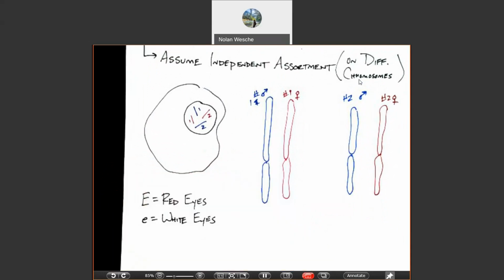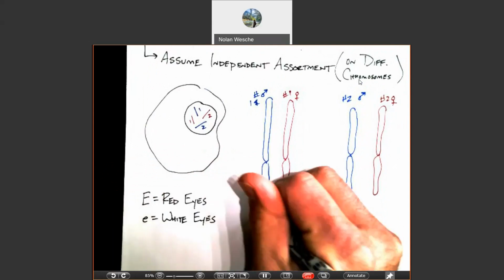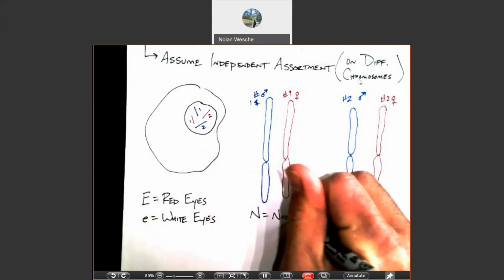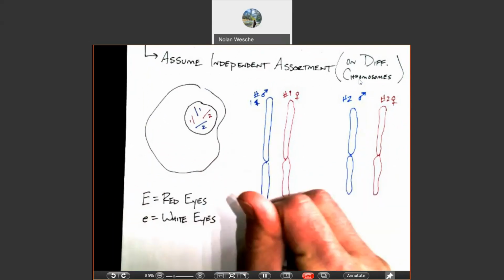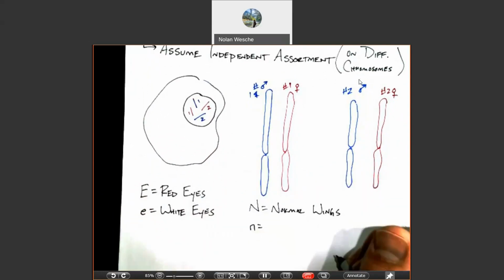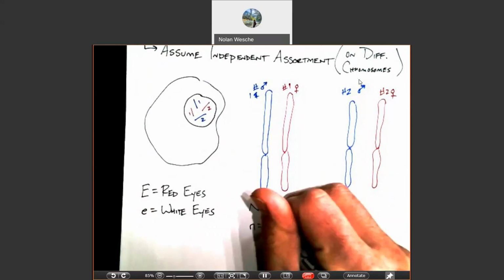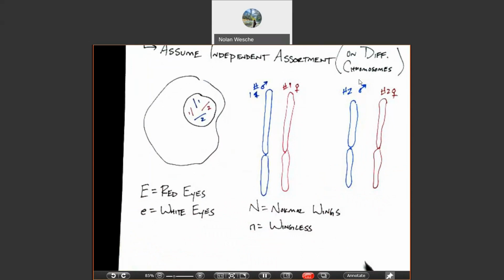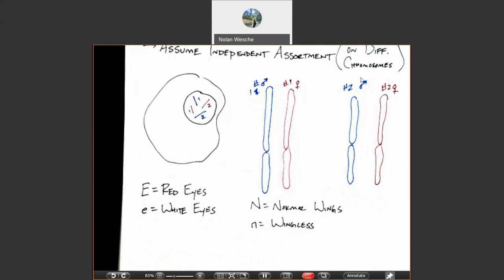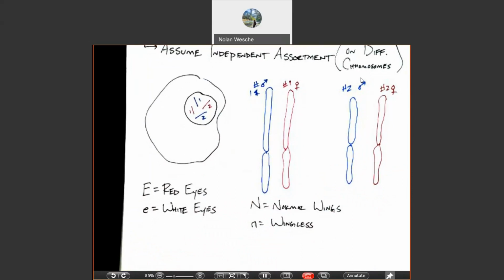And we'll say that they can have normal wings, or they can have these small vestigial wings, or we're just going to go with wingless. So they can have normal wings, or they can actually be flies that don't have wings. They kind of look like ants.